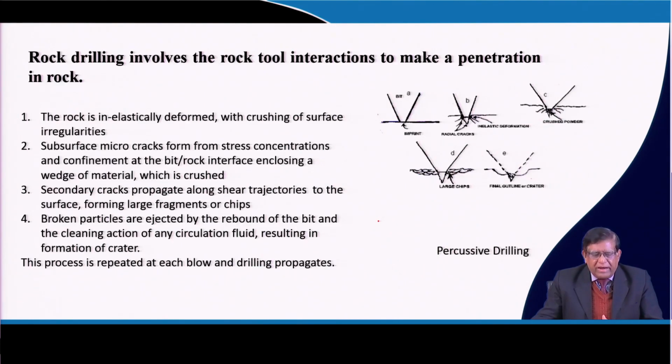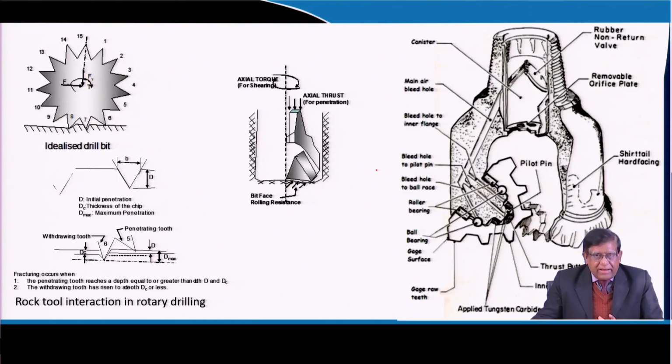Now, in percussive drilling, how does the bit interact? The rock is inelastically deformed. First, when percussion is given, the rock starts getting a crack, and then chip formation takes place. Then you use pneumatic or air blast, and these chips are taken out. This is the way diamond drilling or percussive drilling takes place.